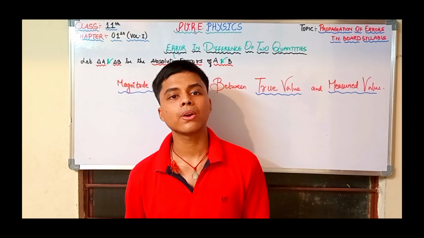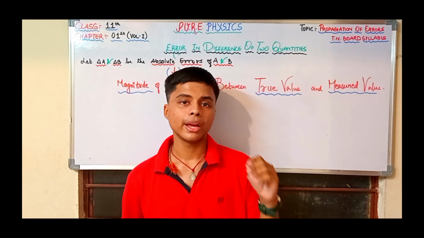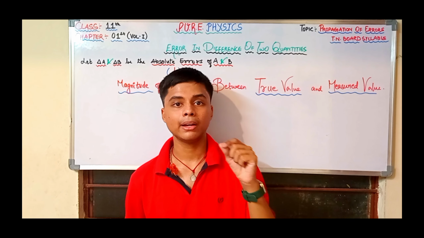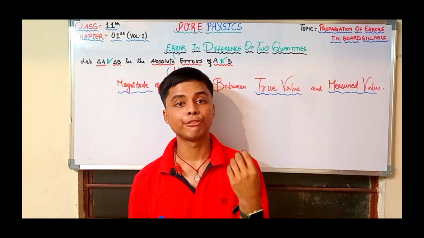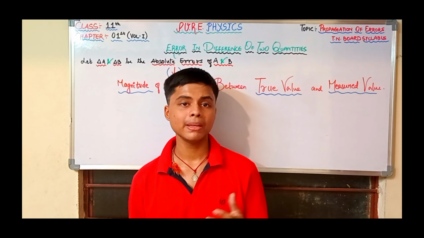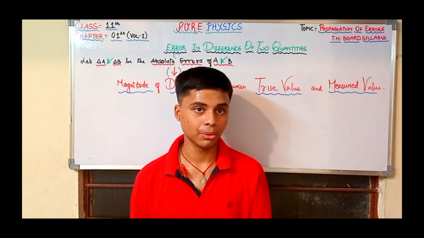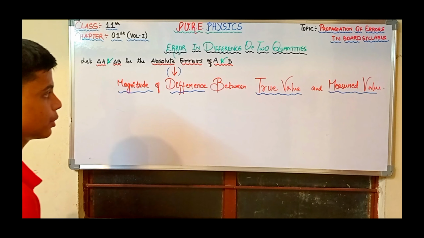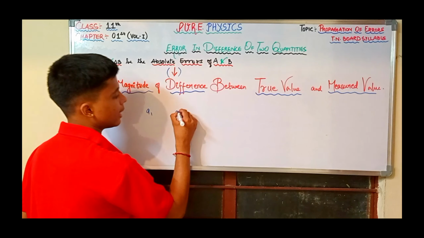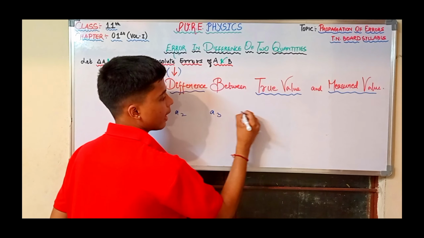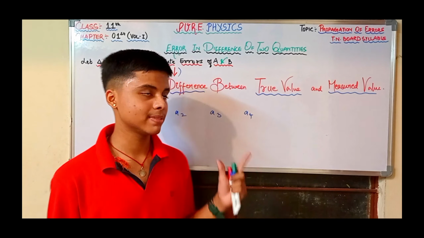What is true value and what is measured value? Now consider in your experiment part in a practical session, you have been given an experiment, and in the manual they have given you a tabular column which consists of 4 sets of readings. That means you need to take 4 sets of readings. So you take the 4 final values that you have got after doing your experiment, which are A1, A2, A3 and A4. Now they are asking you to find the mean of these values.